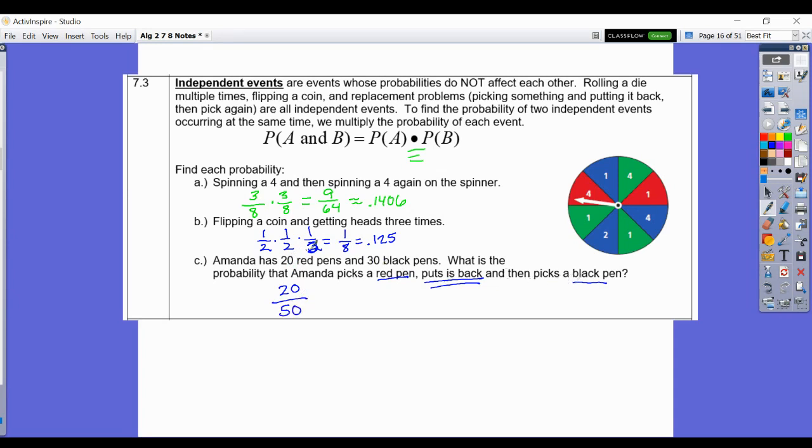And then we put it back. So now there's still 20 red pens, 30 black pens. What's the probability of getting a black pen? 30 out of 50 because they're all back in there. And then we just multiply those probabilities together, reduce our answer, which would be 6 over 25, and then divide that and it's 0.24. All right.